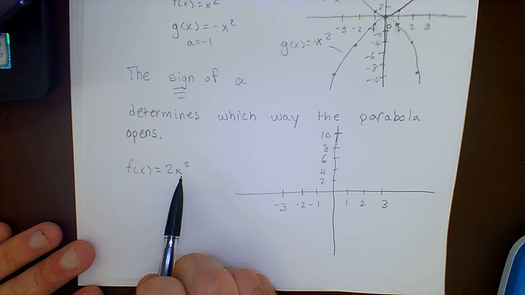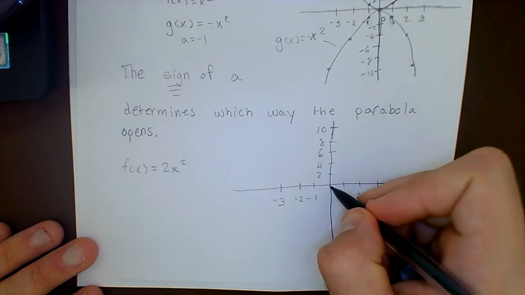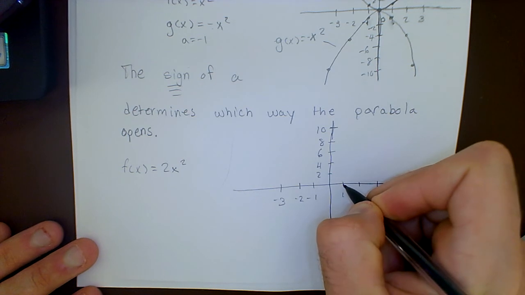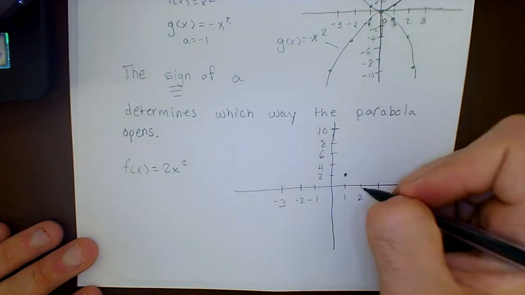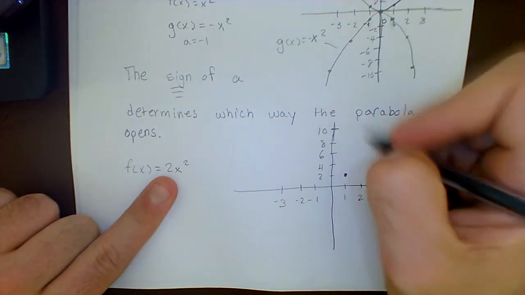And I wanted to graph 2x squared. So this is where a equals 2. Notice 0 squared is 0 times 2 is 0. 1 squared is 1, and then if I multiply by 2, it gets mapped to 2. Now 2 squared is 4, and then I multiply it by another 2, and that goes to 8.